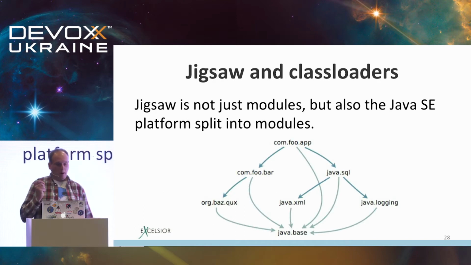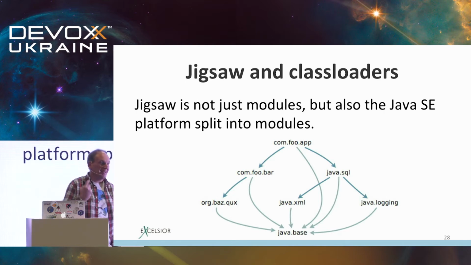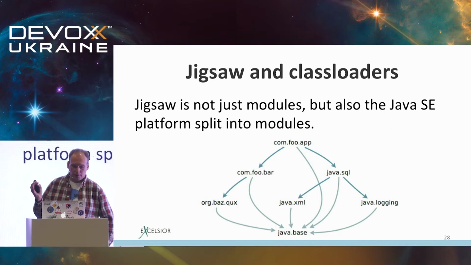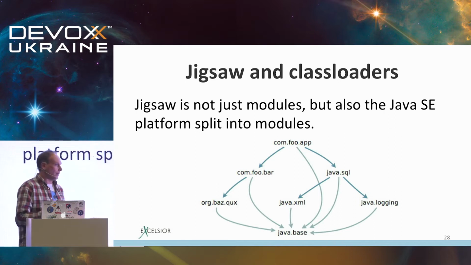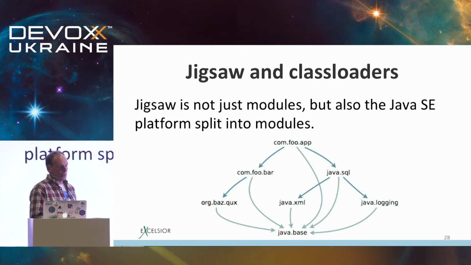However, let's remember that Jigsaw is not just modules, but also the Java SE platform split into modules. By the way, Jigsaw had been developed for 10 years, not without reasons. One of the main reasons was that it was really hard to split that monolithic rt.jar into well-defined modules with well-defined dependencies between them, without cycles, access issues, and so on.